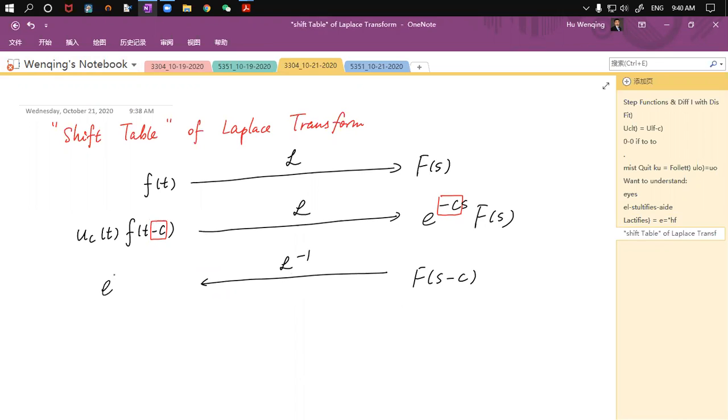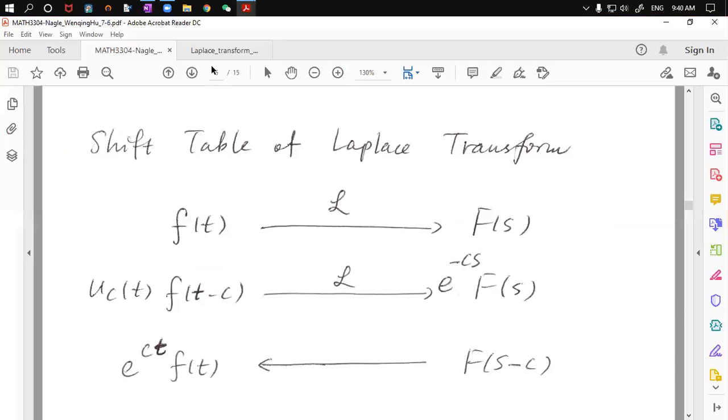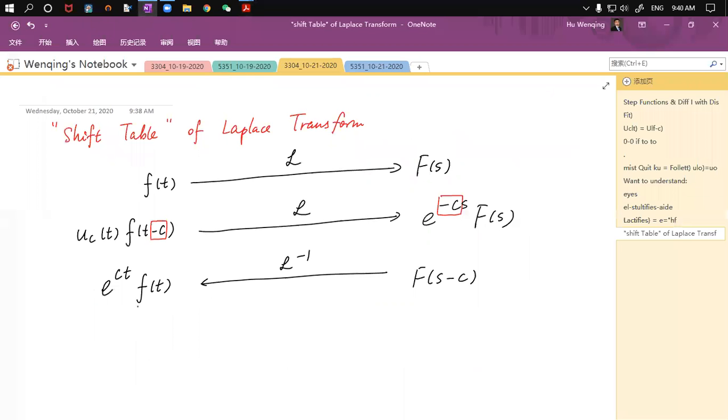So you're going to have e^(ct) multiplied by f of t. So if you do not shift on this side but shift on this side, you shift F(s) into F(s minus c), you result in e^(ct) f(t).